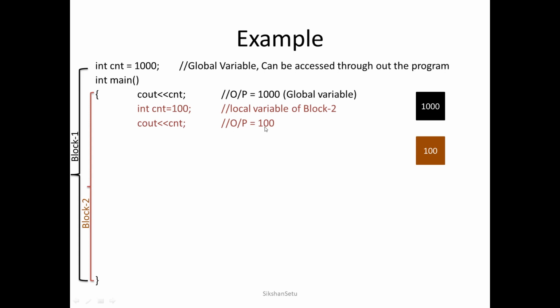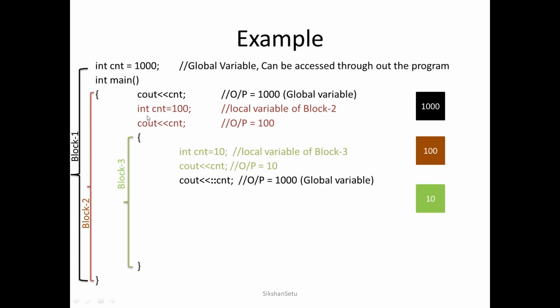So what if I want to access this global variable CNT here? For that, I can use the scope resolution operator. Let's take this example. Now in the same program I am creating another block. In that block I am creating another variable named CNT with value 10. So when I print CNT, it will definitely print the local variable CNT's value.